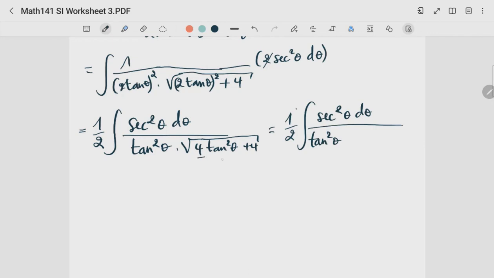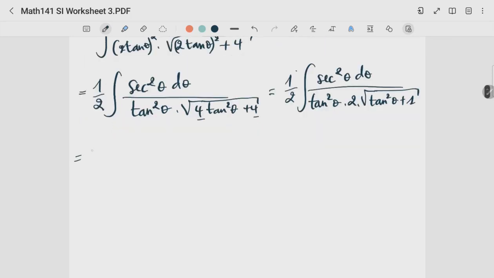But now since 4 is a common factor between the two here, we can take it out. And when you take it out of under the square root sign, it becomes 2. So you have another 2 coming out here, multiplied by the square root of tan squared plus 1. We can take out the 2 there, so that will be 1/4 outside, multiplied into the integral of sec squared theta d theta divided by tan squared theta.